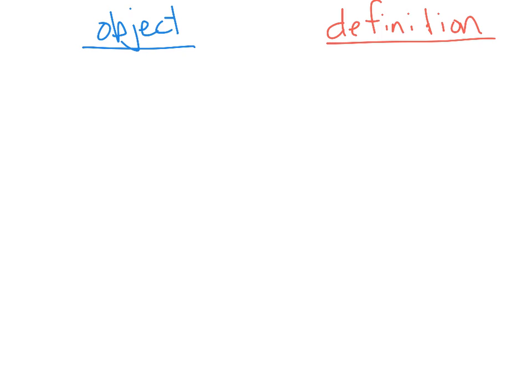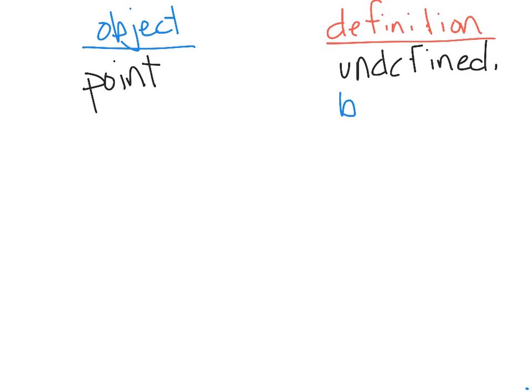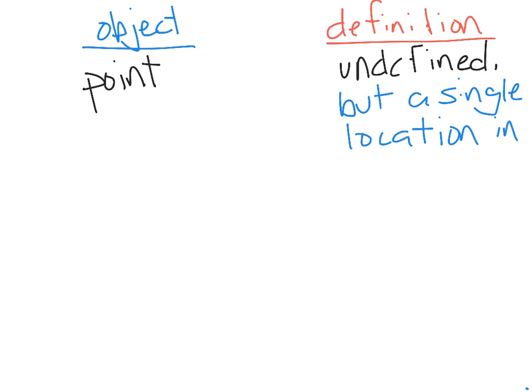So, before we get started with all the labeling, we should probably check off the list knowing what these things are. So first, we have a point. A point is technically undefined, but a single location in space.